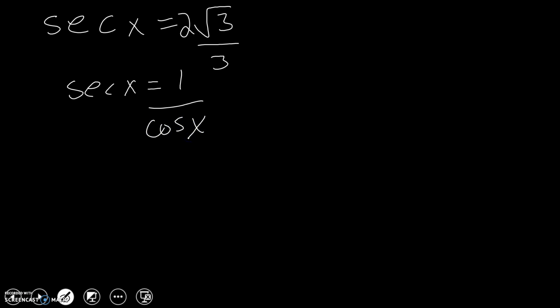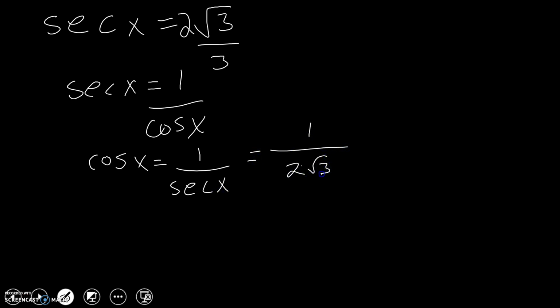So what we need to do is solve for cosine of x. So cosine of x is going to be equal to 1 over the secant of x, which is 1 over 2 root 3 over 3. Now remember the trick, keep, change, flip. So we keep the 1, and it becomes 3 over 2 root 3.